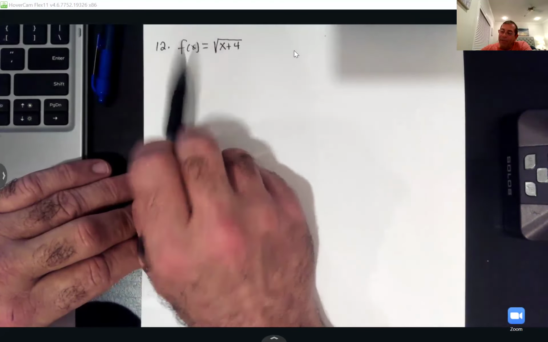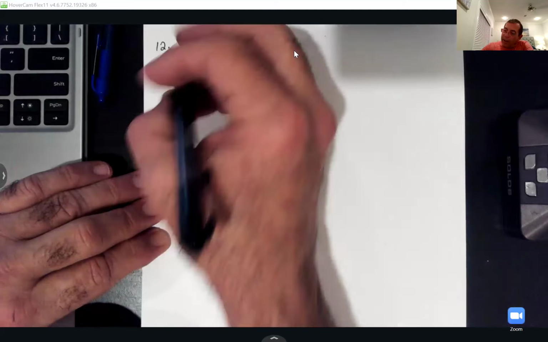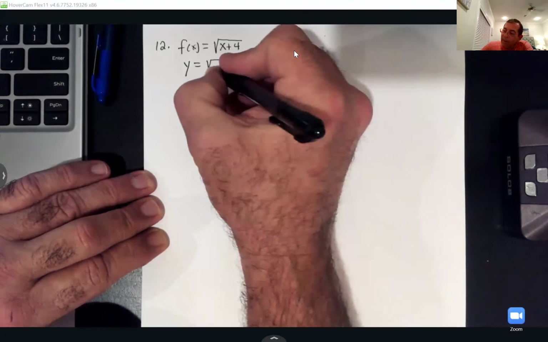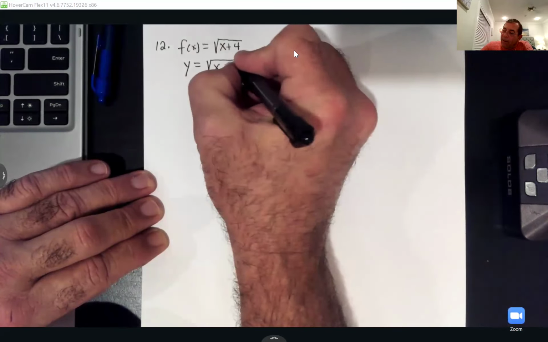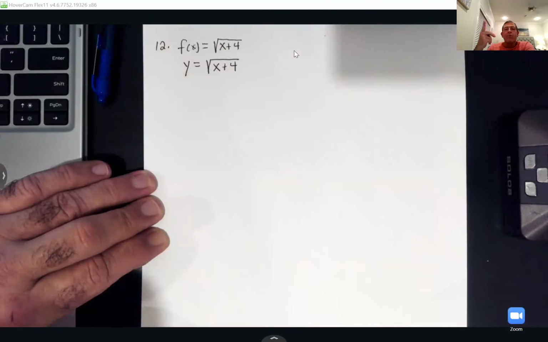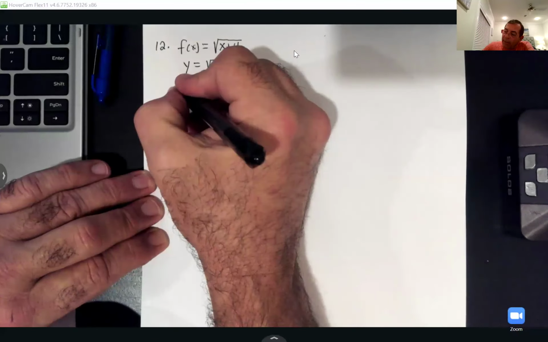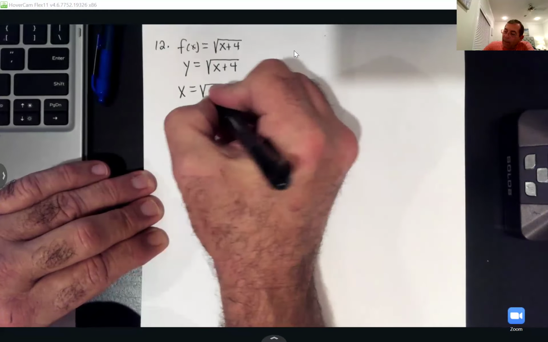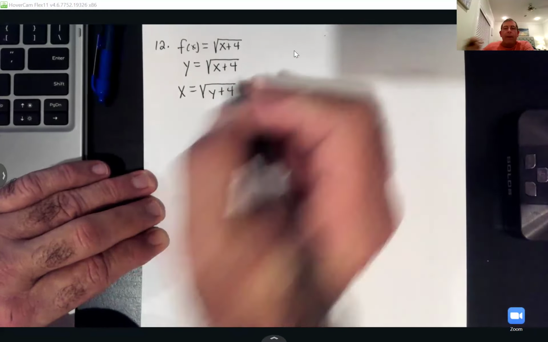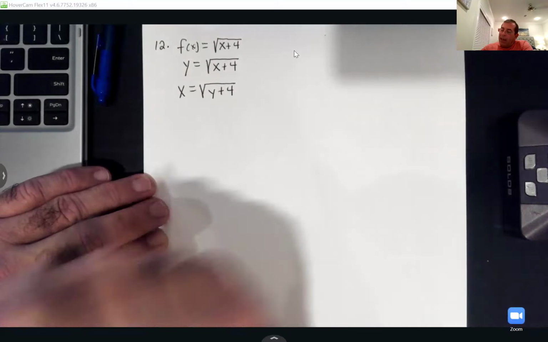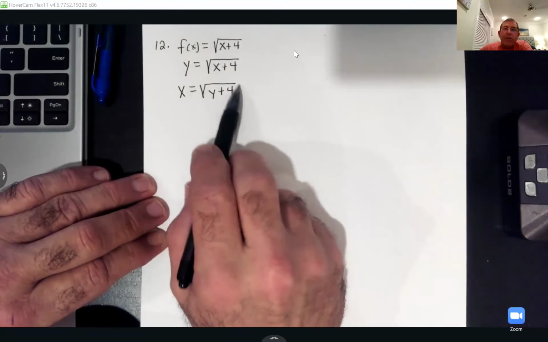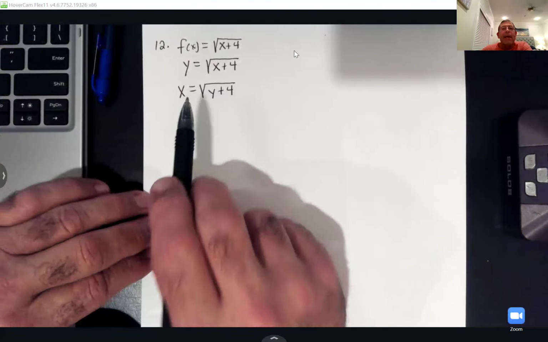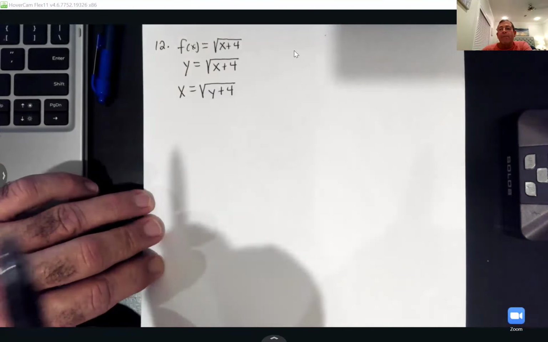So replace the f of x with a y. Now, y'all remember one thing, this 4 is under the radical, so we can't subtract 4 from both sides or anything like that until we do something first.